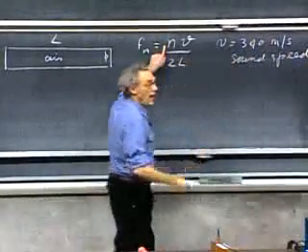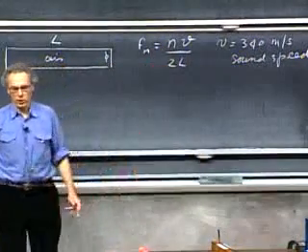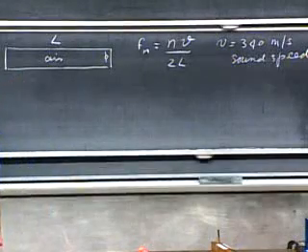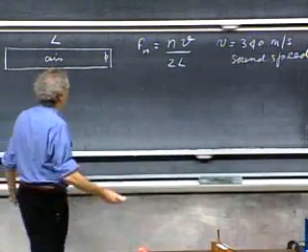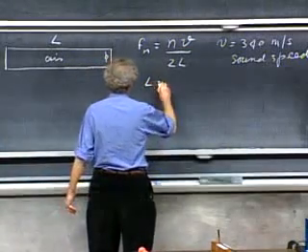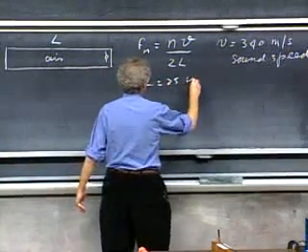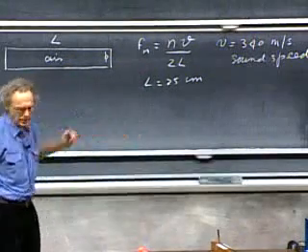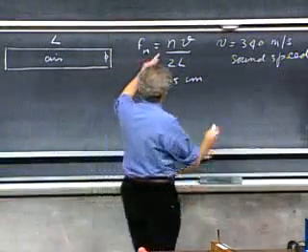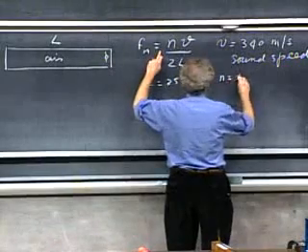Notice it's again linear in n. In other words, if an instrument produces a certain frequency, let us say that L equals 25 centimeters, then you can calculate the frequency f1. You know what the speed of sound is, 340. So we take n equals 1.